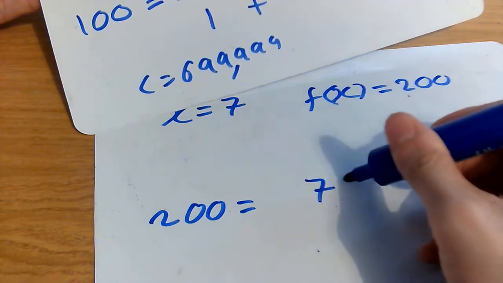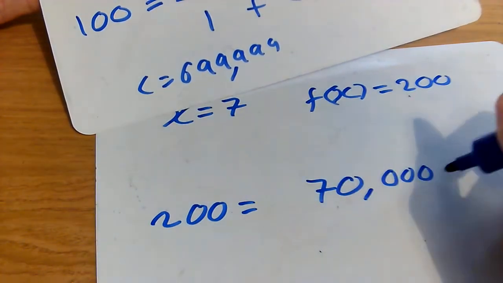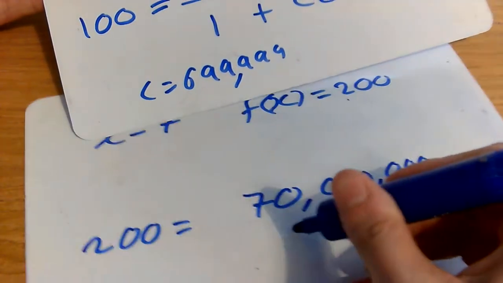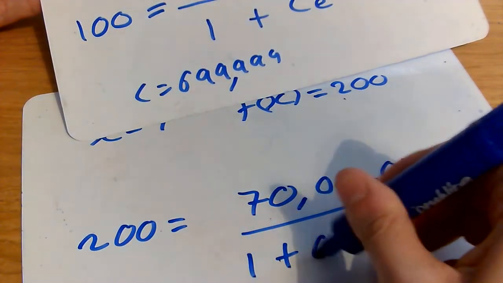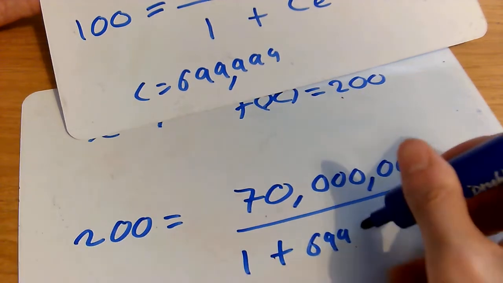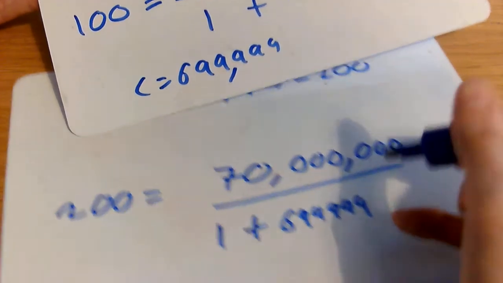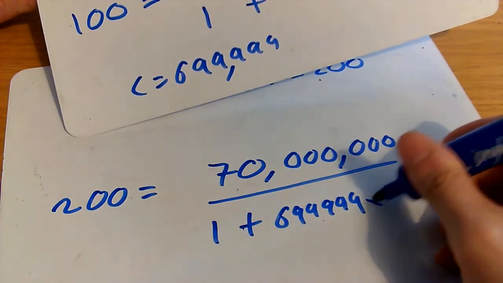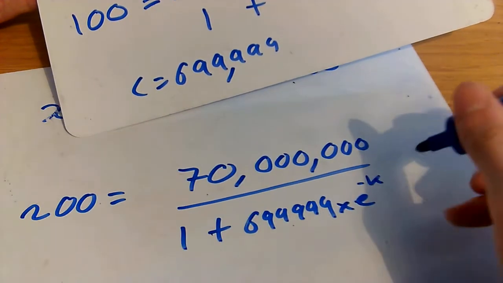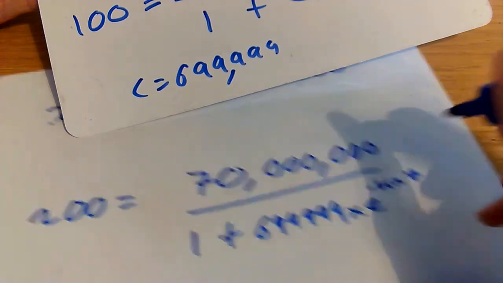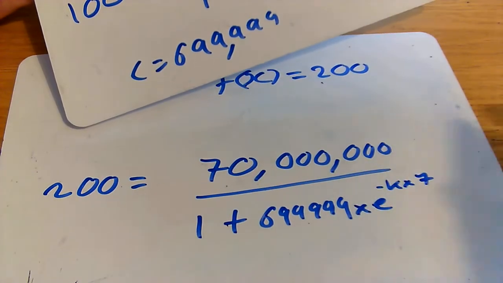It's still going to have the same carrying capacity of L on the top. On the bottom, we've got 1 plus, we know the C now is this number, that's the C, multiplied by e minus k, that's very important here, and this time it's multiplied by 7, because that's the x. So that's our equation to solve.